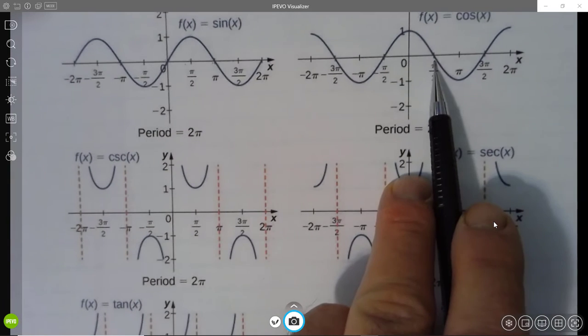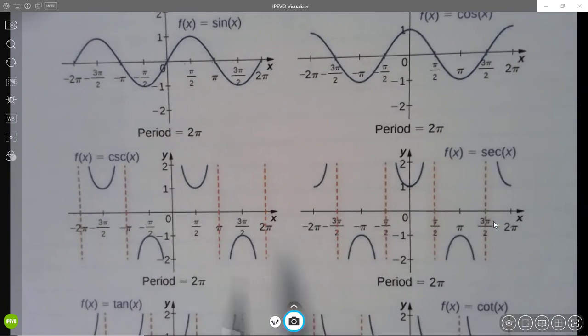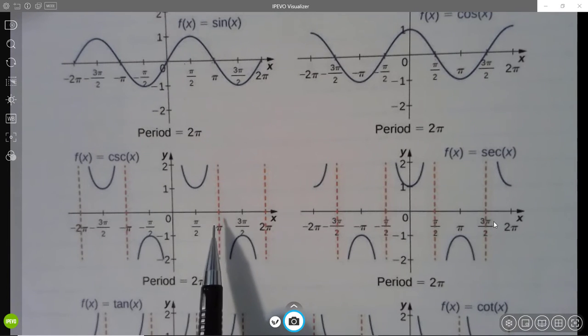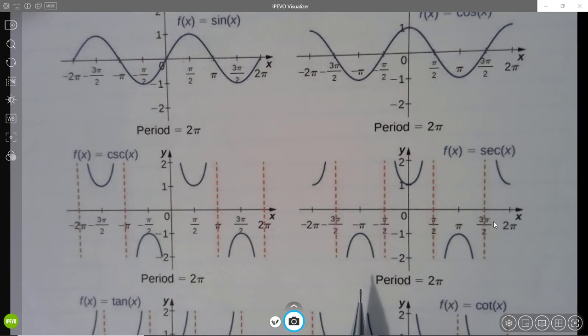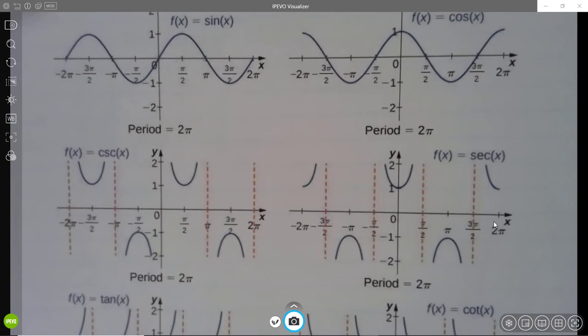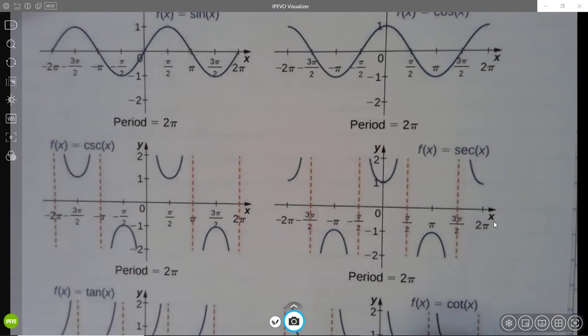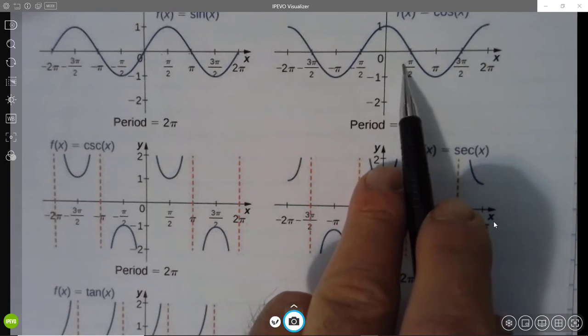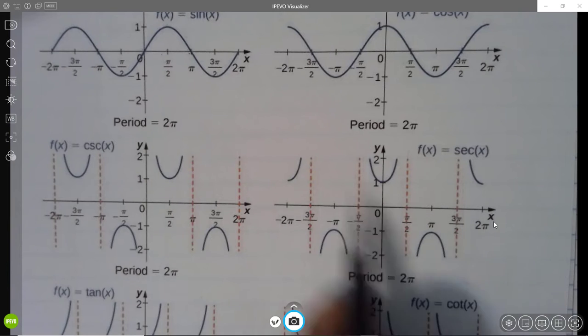So everywhere the cosine is equal to 0, those are the odd multiples of pi over 2, then the cosecant will have a vertical asymptote, or rather the secant is what we're working on. The secant will have vertical asymptotes. So notice pi over 2, we have a vertical asymptote, 3 pi over 2, another one.